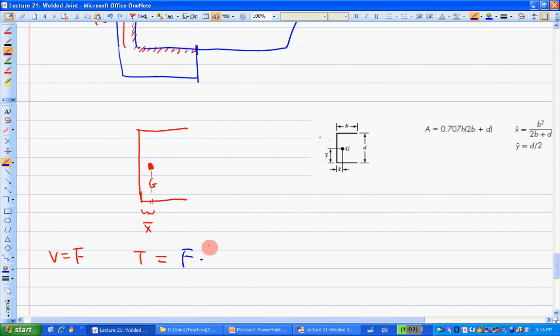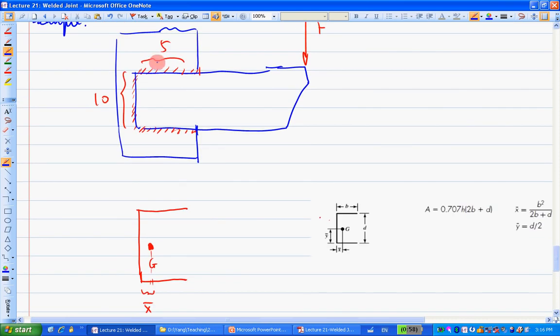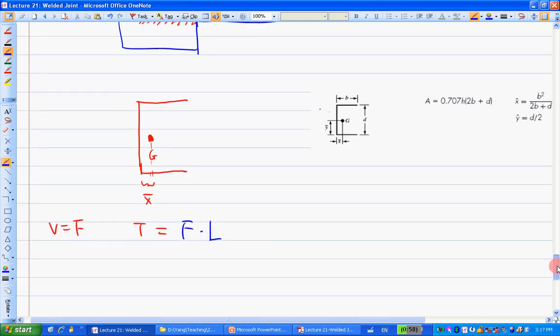F times the total distance from the location of F to the location of the centroid. Let's make it a little bit more difficult. Let's say this is another 5 here. So what will be the total distance from F to the centroid?